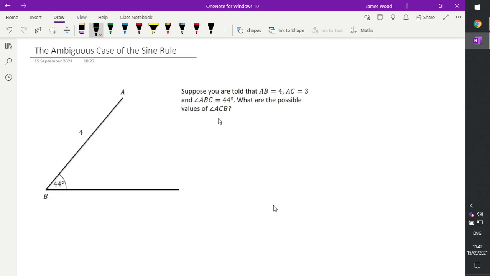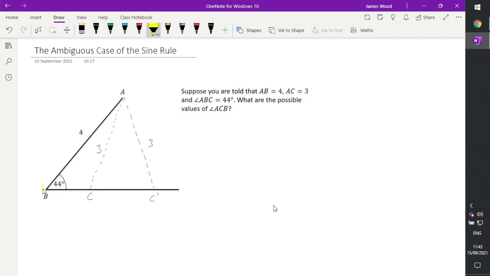Now there's two possible triangles that you could actually draw here. You could draw one like this, or you could draw one like this, and they could both have that length A to C of 3. And both of these triangles can exist because you could still have the sides are the same and this angle is the same.